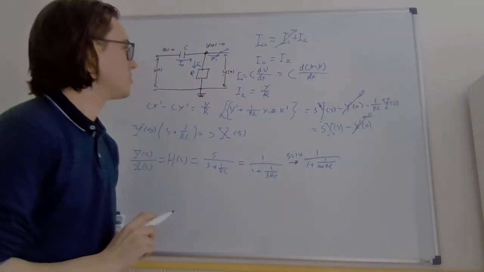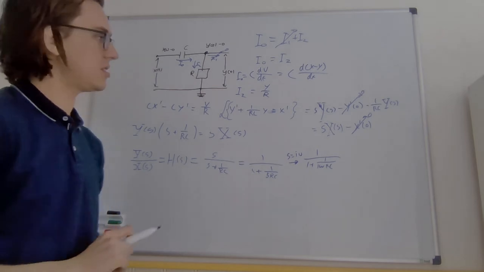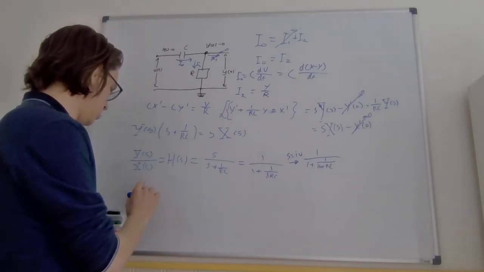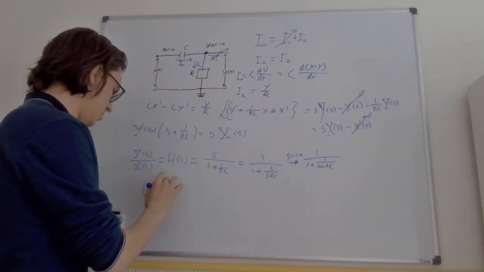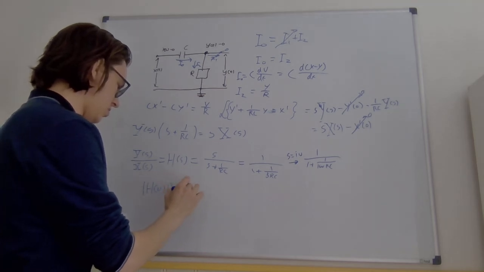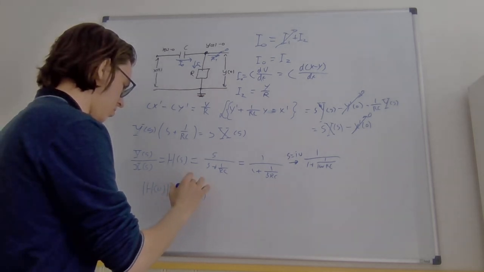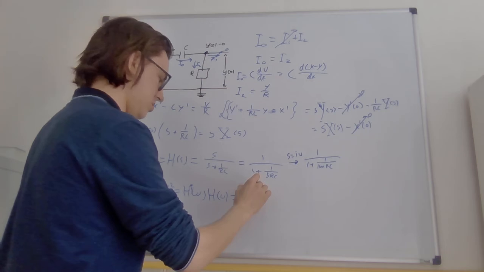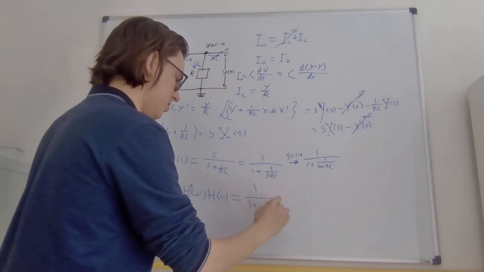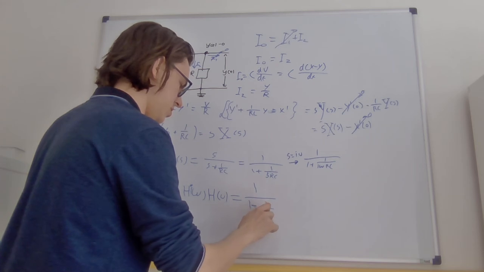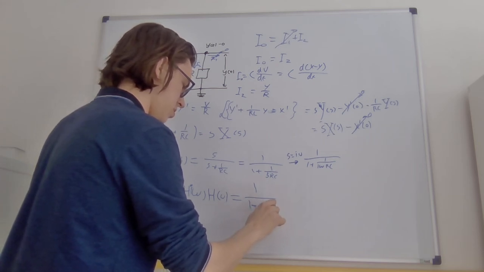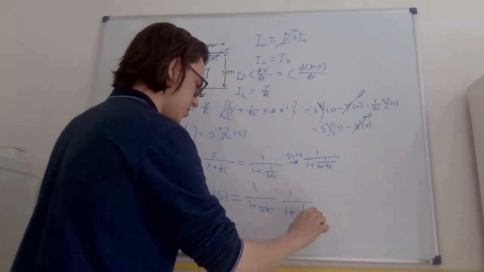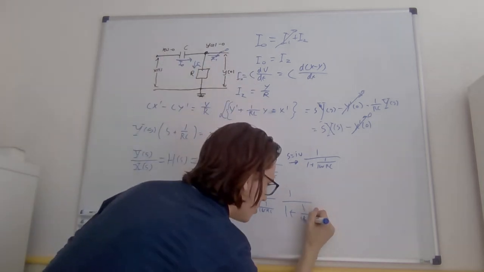And now to find the behavior of y as we vary x, we consider the amplitude of this transfer function, which is given by this expression. Which equals 1 divided by 1 plus 1 over, or it should be minus, i omega RC.